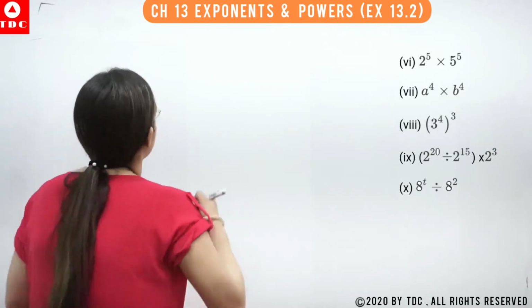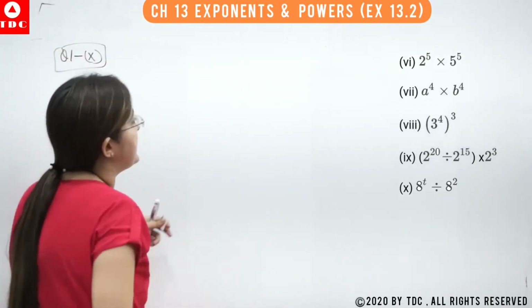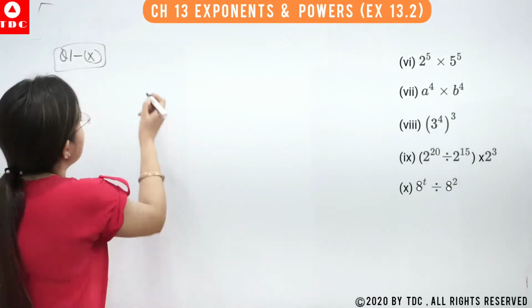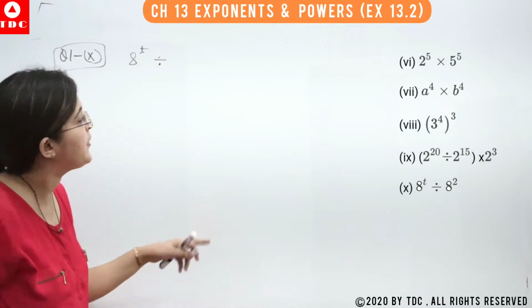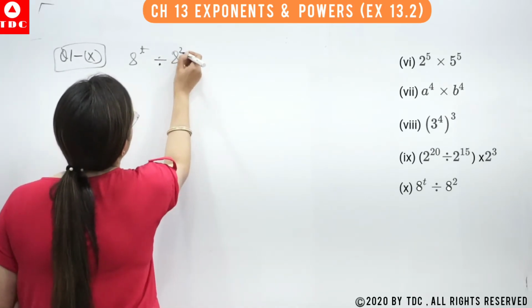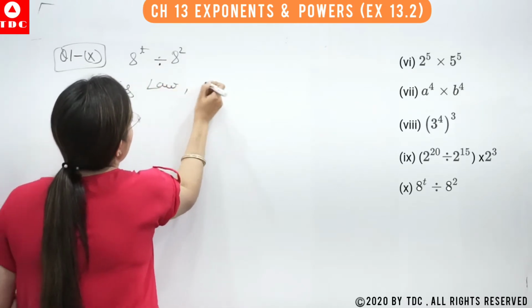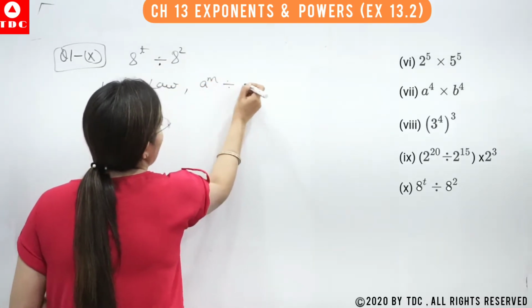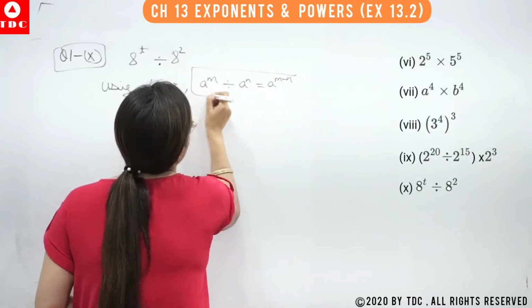See the 10th part now. The 10th part is 8 to the power t divided by 8 to the power 2. Okay, so which property will we use? Using the law a to the power m divided by a to the power n gives a to the power m minus n.